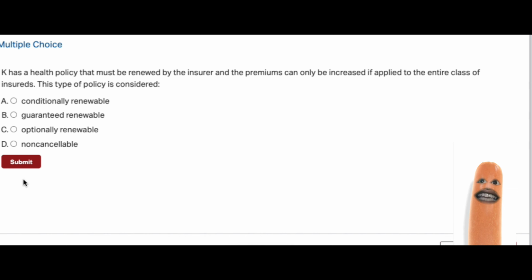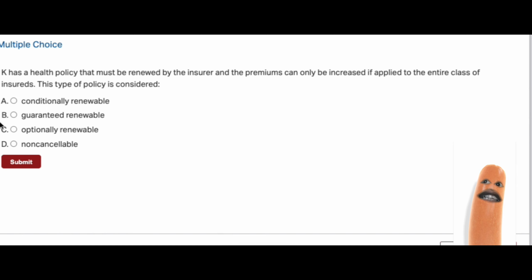Okay. It says, K has a health policy that must be renewed by the insurer, and the premiums can only be increased if applied to the entire class of insured. This type of policy is considered A, conditionally renewable. B, guaranteed renewable. C, optionally renewable.